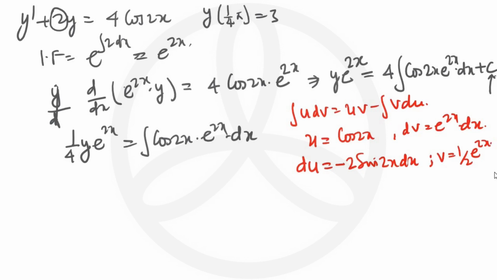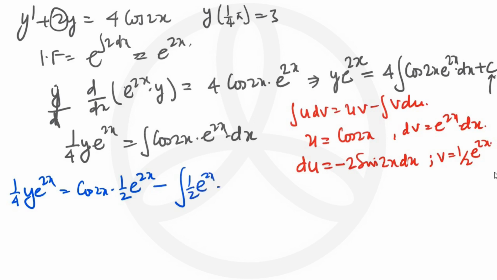So our first iteration here will be 1/4 y e to the power 2x is equal to uv, which is actually cos 2x multiplied by half of e to the power 2x, minus v du. V will be half of e to the power 2x, and du will be minus 2 sine 2x dx.